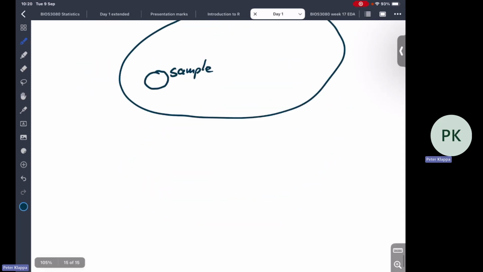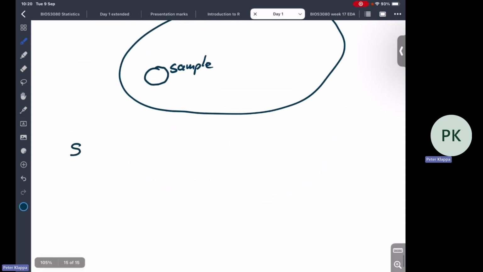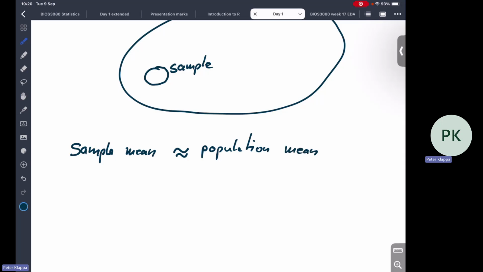So I basically say the sample mean is probably very similar to the population mean. So what I try to do is estimate the population mean.